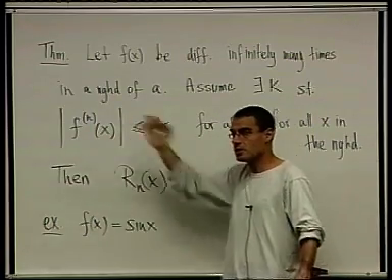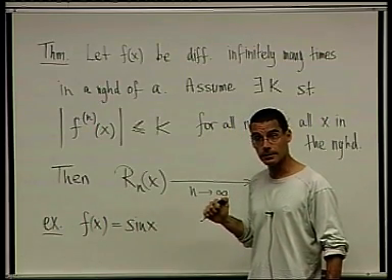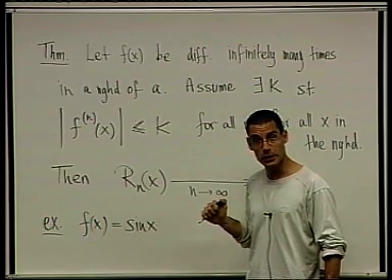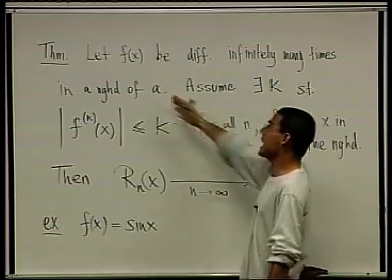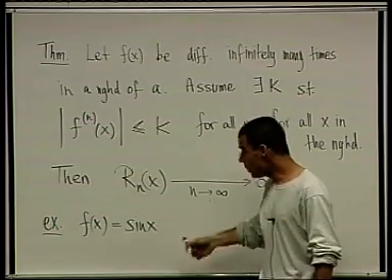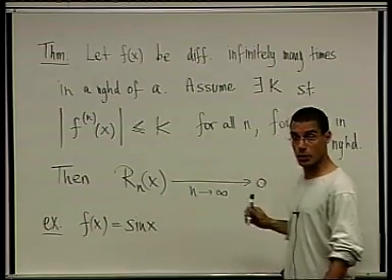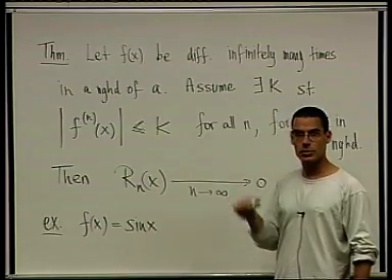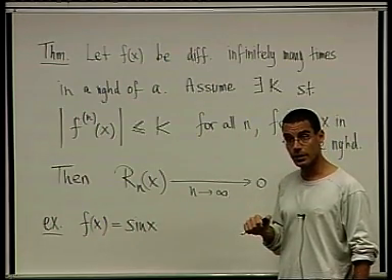Because they're all sines and cosines, no matter what x is. Does everybody agree? So this function satisfies this condition on any neighborhood of 0. So we know that for sine, the remainder is going to go to 0 as you take the polynomial to be of higher and higher degree. Okay?